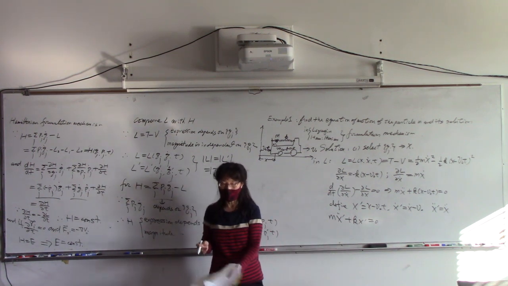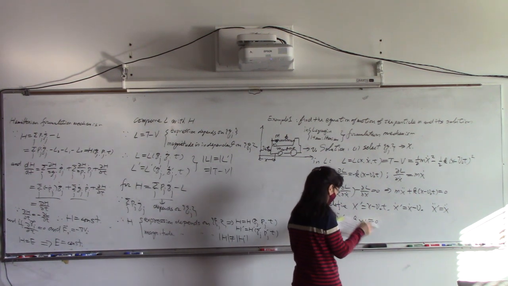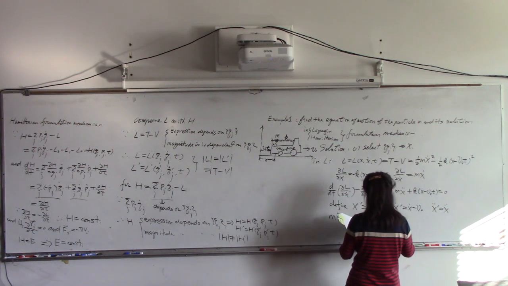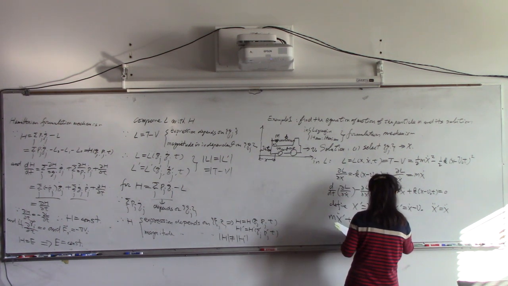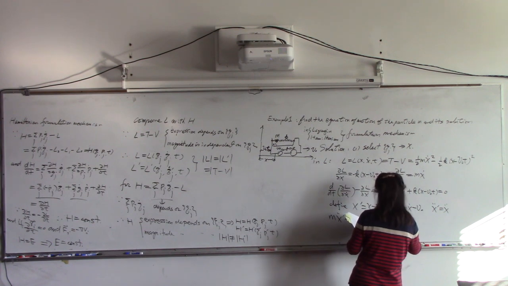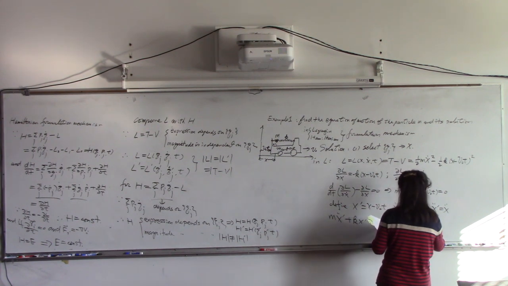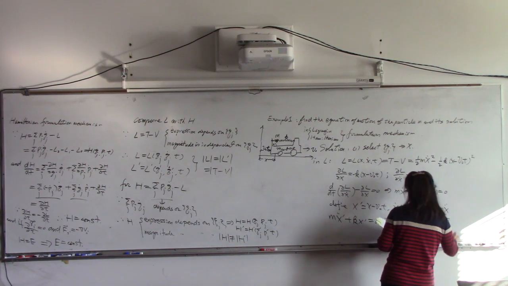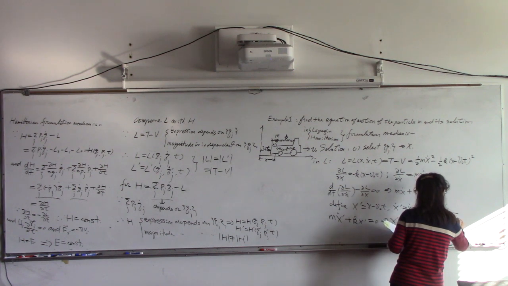And then this one is simple, like a harmonic oscillation, right? It's very simple. So this gives us x prime. The solution is a cosine sinusoidal function of omega t, where omega is square root of k over m.